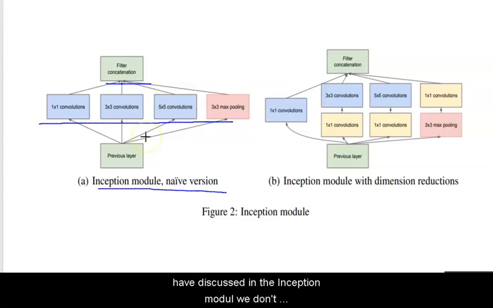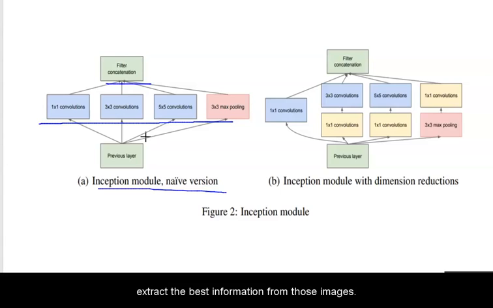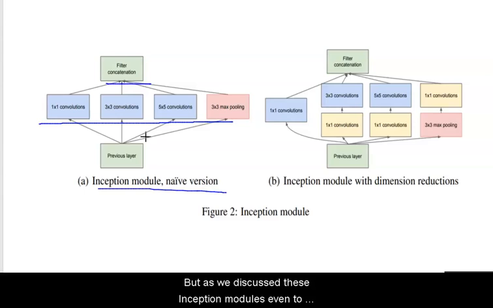As we have discussed, in the Inception module we don't have to worry about the best kernel size or filter size, but we let our network decide for itself, based on the image that it receives, what is the best combination of convolutional operations to extract the best information from those images. But as we discussed, even though these Inception modules work very well and give us good performance, their main problem was computational cost.